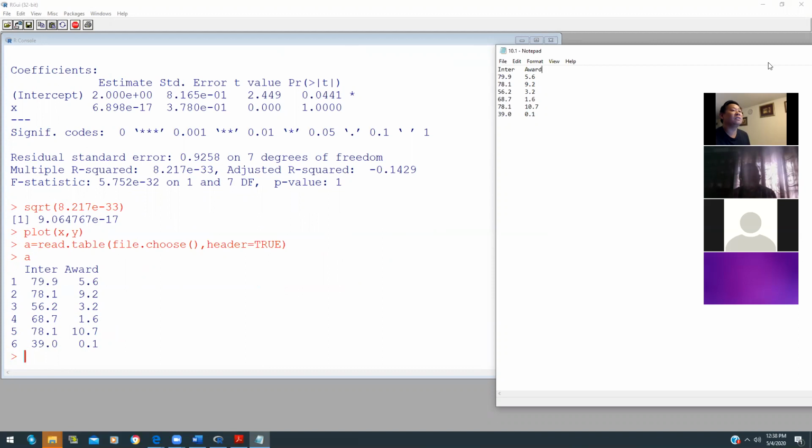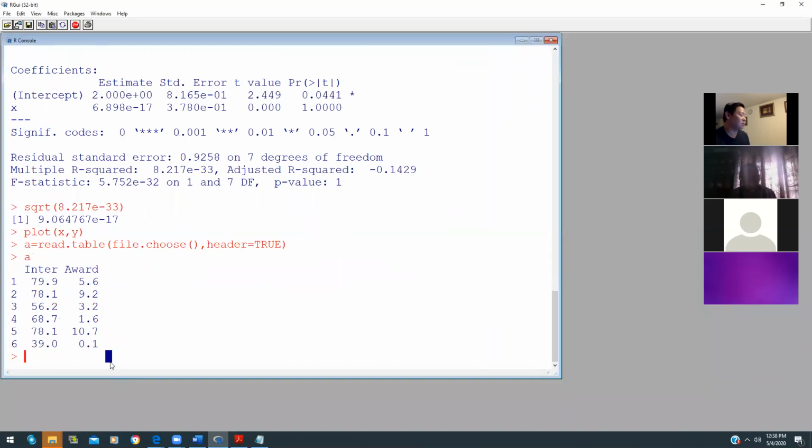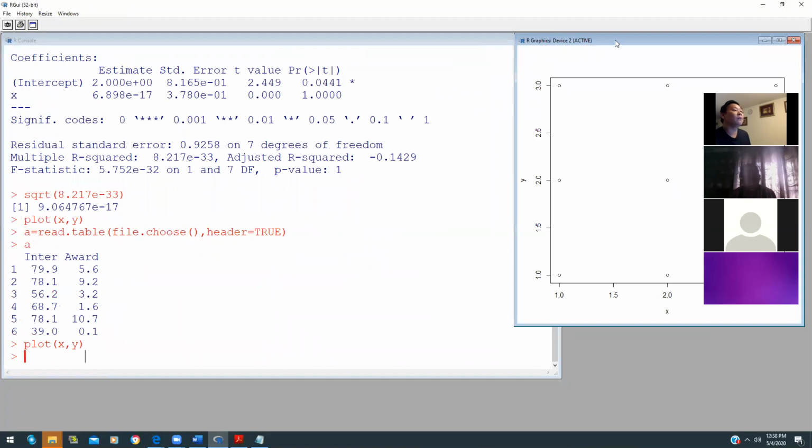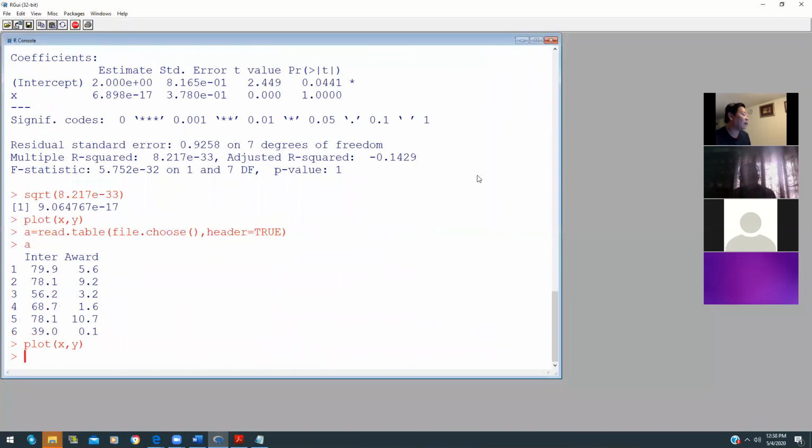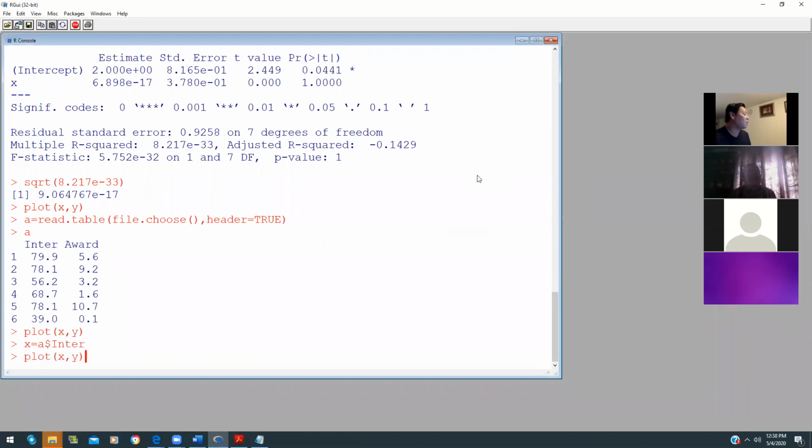Now the question wants us to draw a scatter plot, so you do plot XY. Oh, you know what? I forgot to label your X and Y. That's why it's so weird. So X in this case is not AX, it's going to be inter. And Y in this case is going to be award.